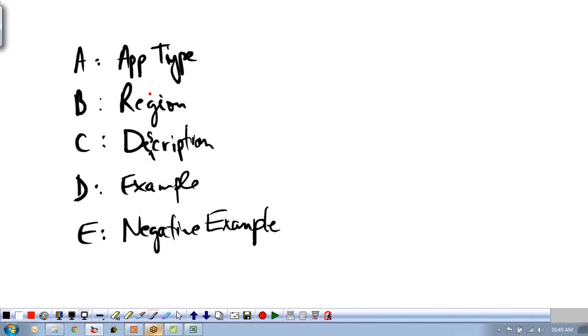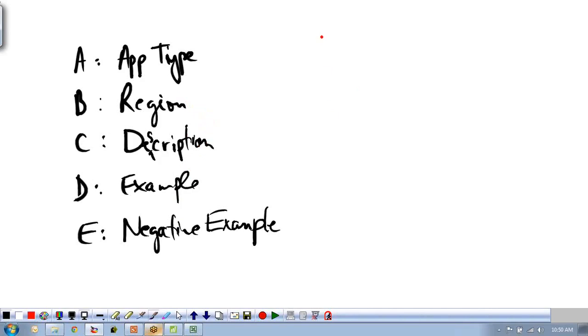Like maybe for one application we need an example, but we don't need a negative example. But for a different type, we need both. Or maybe for one application type, we need a long description, and for a different one, we don't. Also, that may vary by region, maybe northwest versus northeast or whatever.